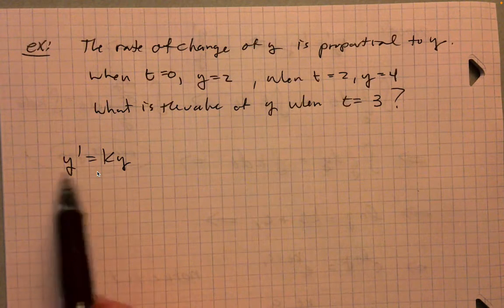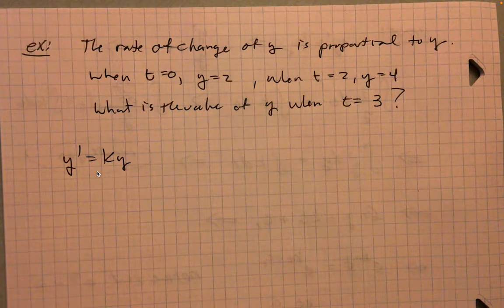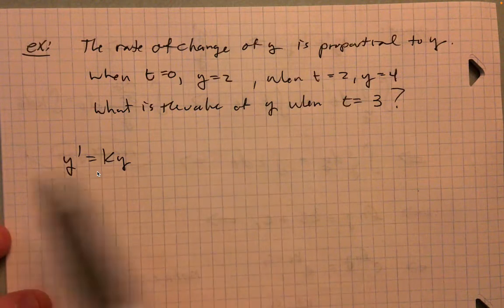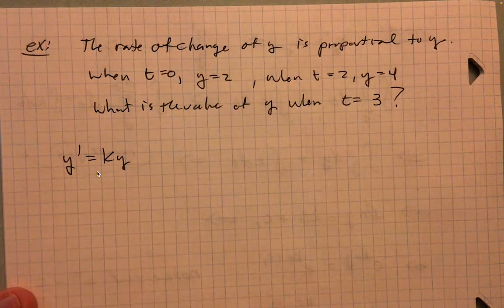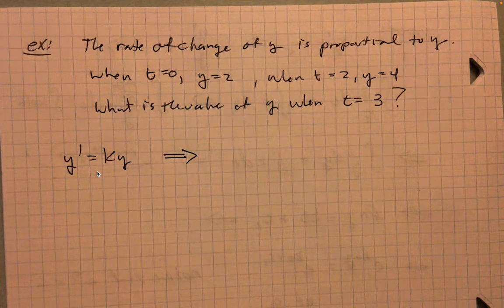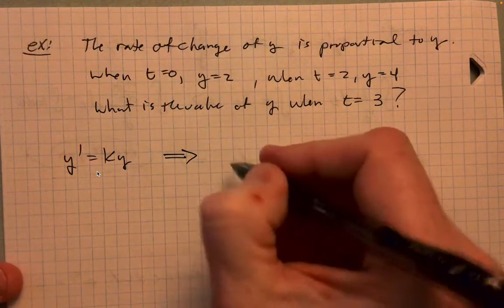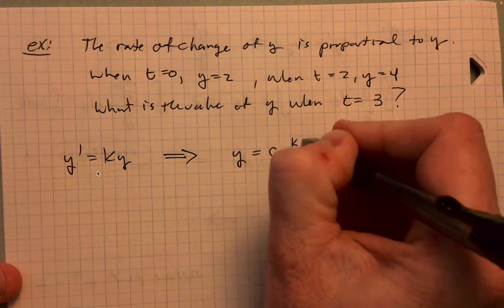And we went through that, that's what this means. So the rate of change and the variable y are related via this equation here. And further, given that it's this equation, we know that we have the following: y equals c e to the kt.